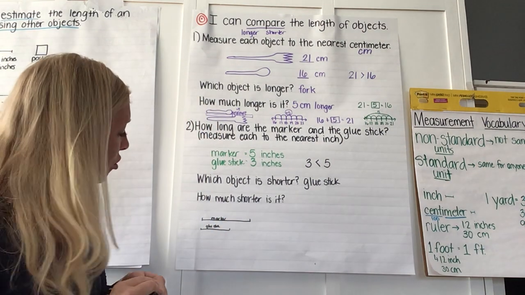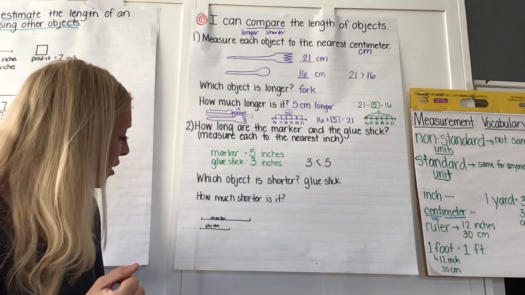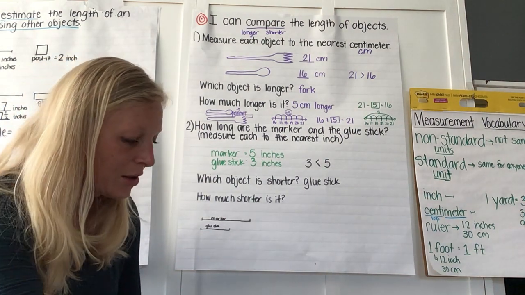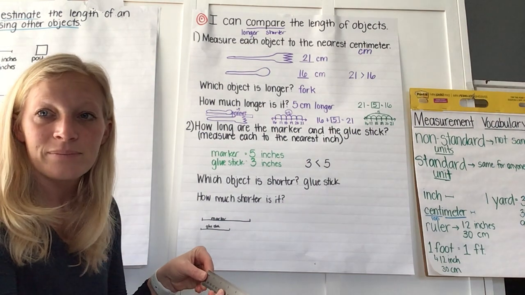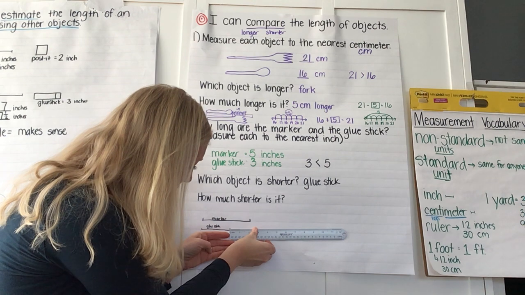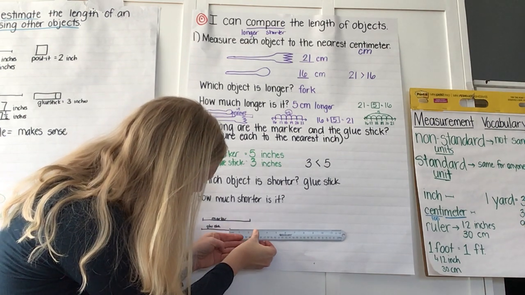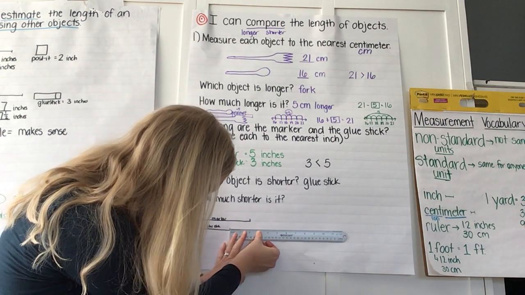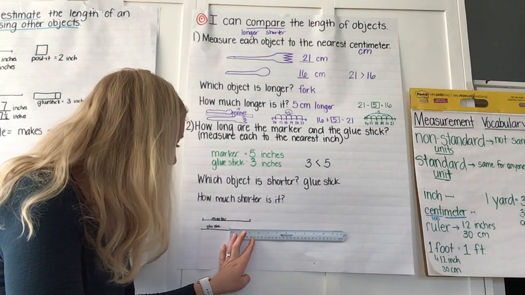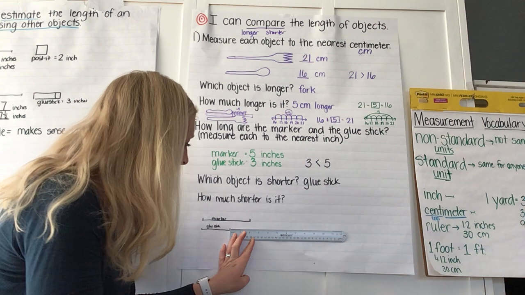Okay, so friend, you measured, you had your marker and your glue stick, and how did you figure out the difference? Okay, so you start at the end of the glue stick. There's your glue stick spot. Okay, and then you measured to the end of the marker.